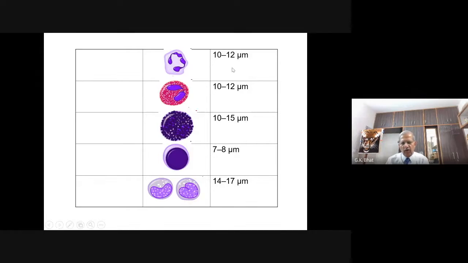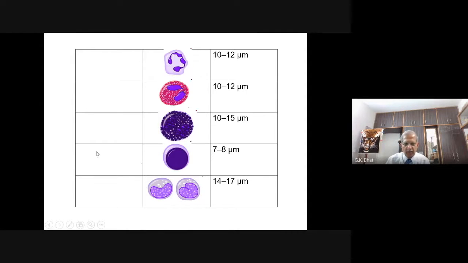Now you must tell me, what are these? Out of these, find the largest one and the smallest one. As you can easily make out, this is the neutrophil. Look at this multi-lobed nucleus. Neutrophil. This is eosinophil or acidophil. This is basophil.